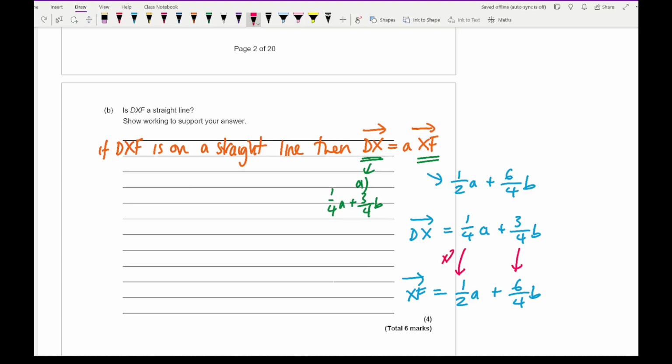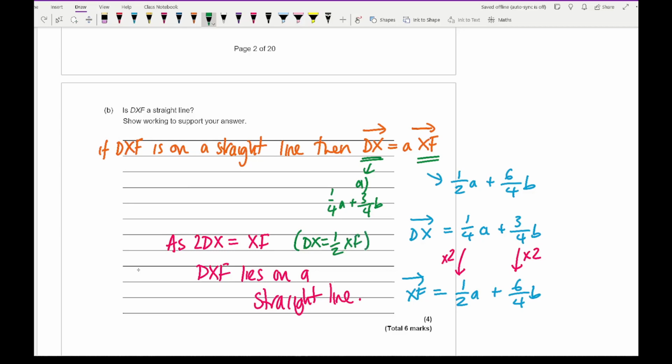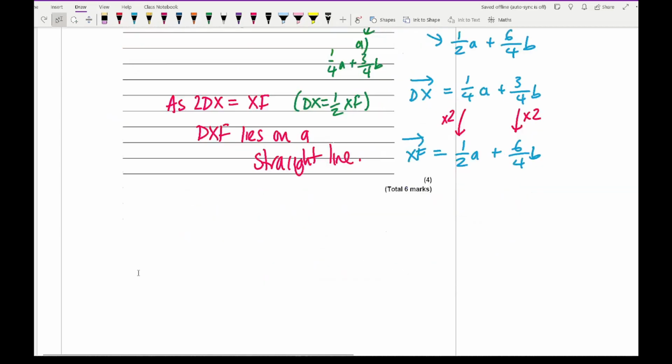Well, I've got to times that by 2, and I times this by 2. So therefore, as 2DX equals XF, DXF lies on a straight line. And excuse my spelling for straight. Otherwise you could also say that DX equals 1/2 XF. That would have been absolutely fine, both mean the same thing.